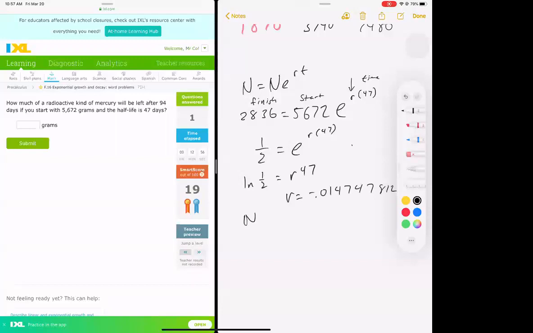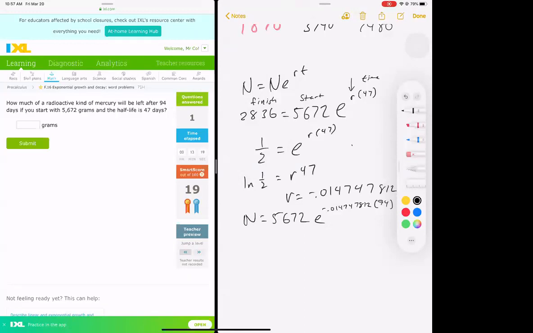So N is equal to 5672 e to the negative 0.0147, I'm going to carry as many decimals as I can, times not 47. We're trying to figure out the new date, 94 days later.